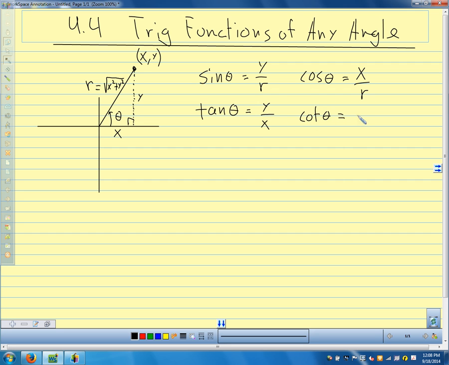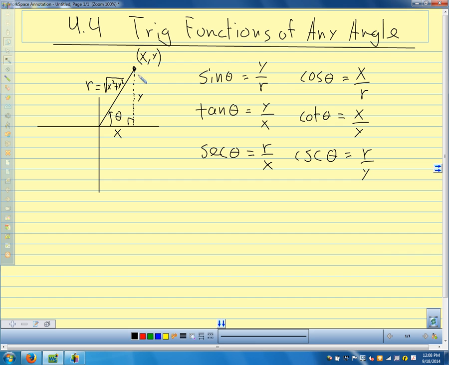Cotangent theta is a reciprocal, x over y. And then we'll do our secant theta, reciprocal of cosine, r over x. And our cosecant, reciprocal of sine theta, which is r over y.